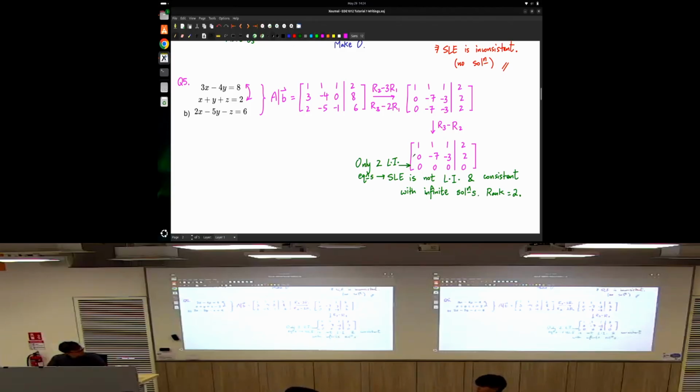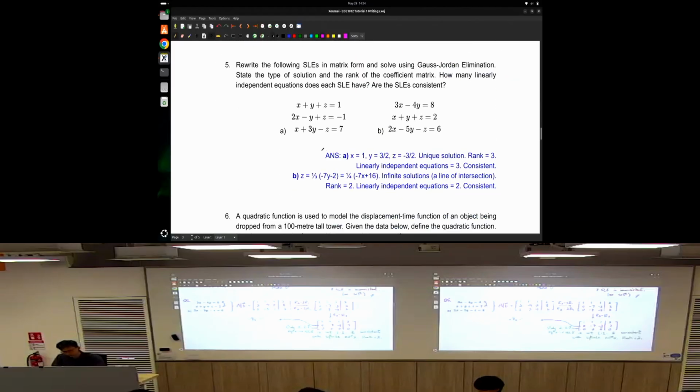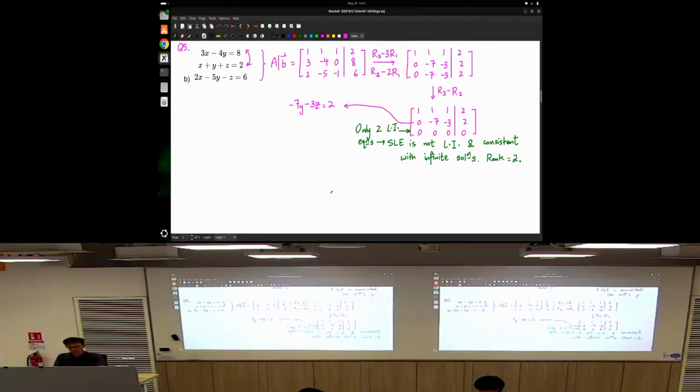And then now from the second row, you can solve for the unknown. So from the second row, you can write minus 7y minus 3z equals to 2. Okay, let me see what my answer isolates. My answer actually isolated z again, so maybe I'll just isolate z.